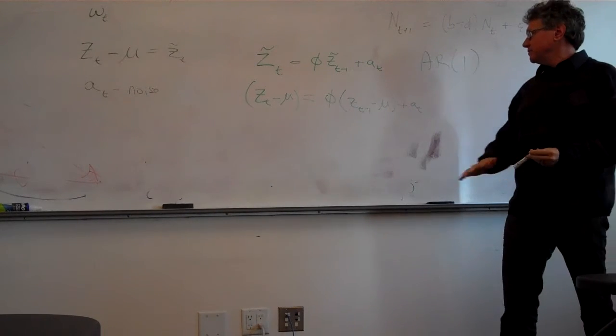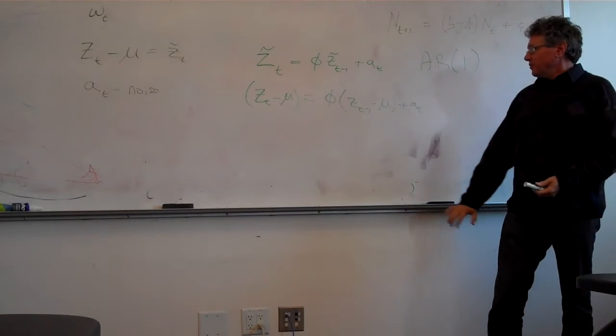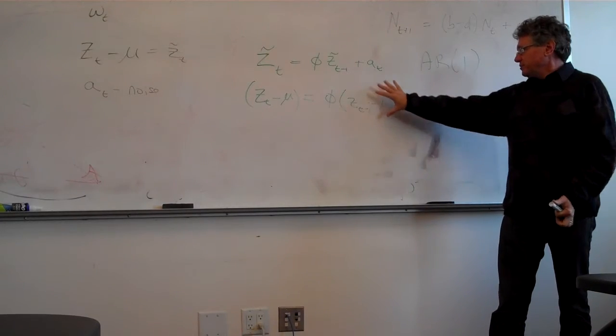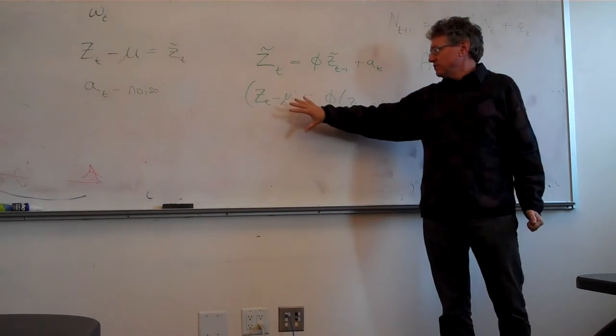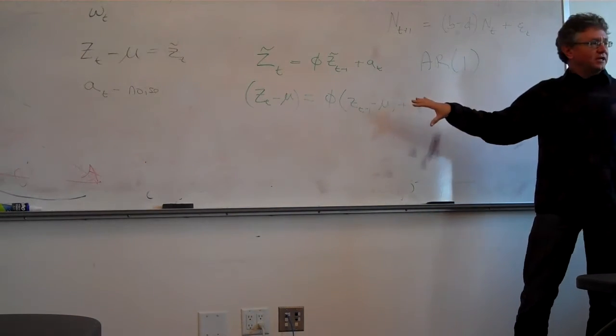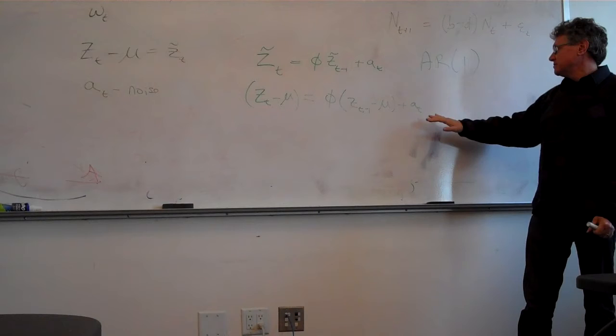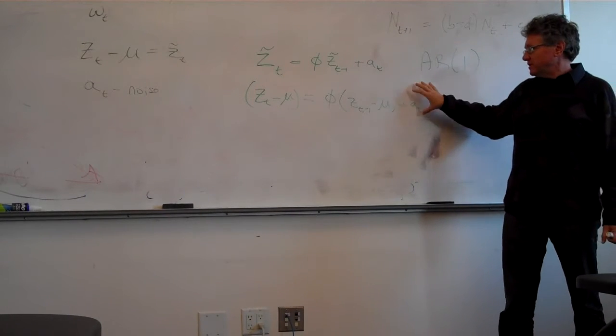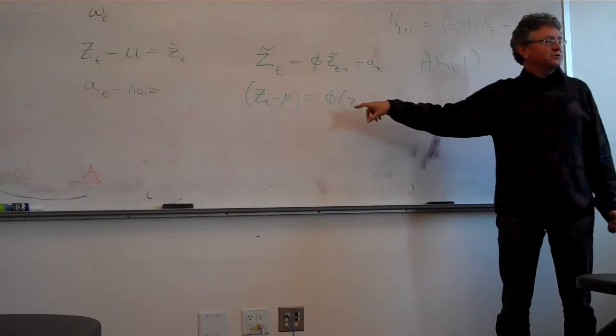In fact, there's a formula that says if phi is less than 1, then you can show that the mean of the process is mu, and you can write down the variance of the process as a function of the variance of the A's and the strength of the correlation.